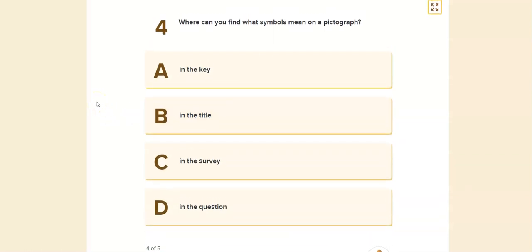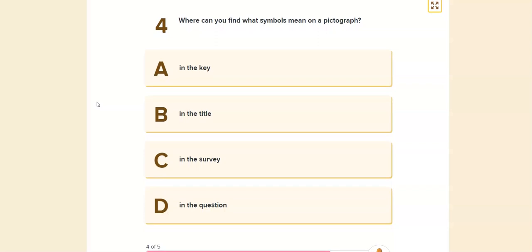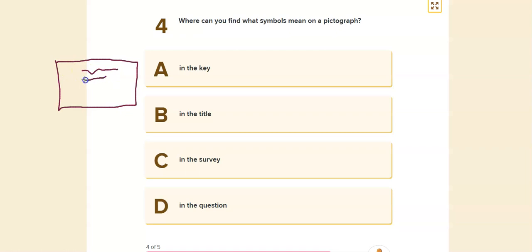Okay, so this says, where can you find what symbols mean on a pictograph? And that spot on a pictograph where you can figure out how much each thing is worth is called the key. So what we're talking about is there's a graph, and maybe they use a circle. Maybe that's the picture they chose.